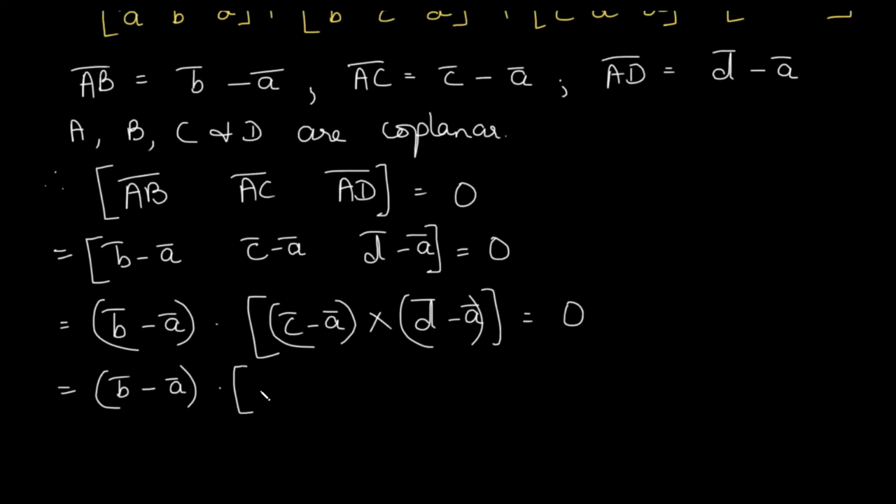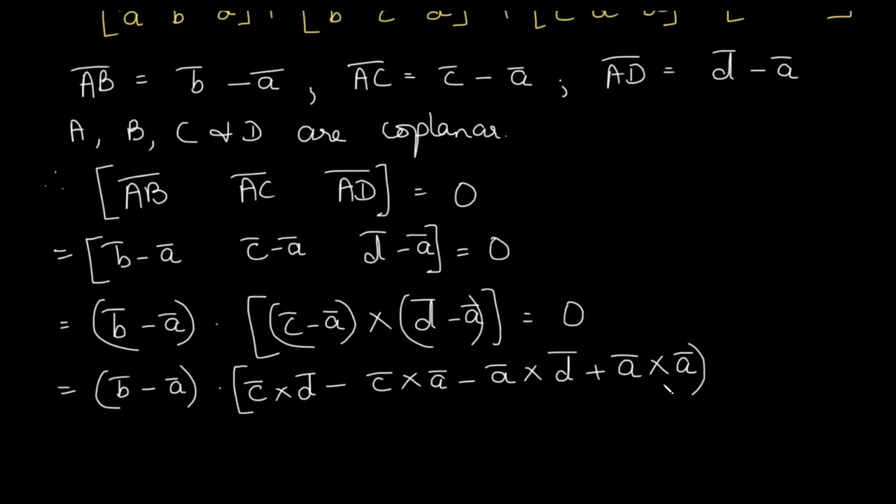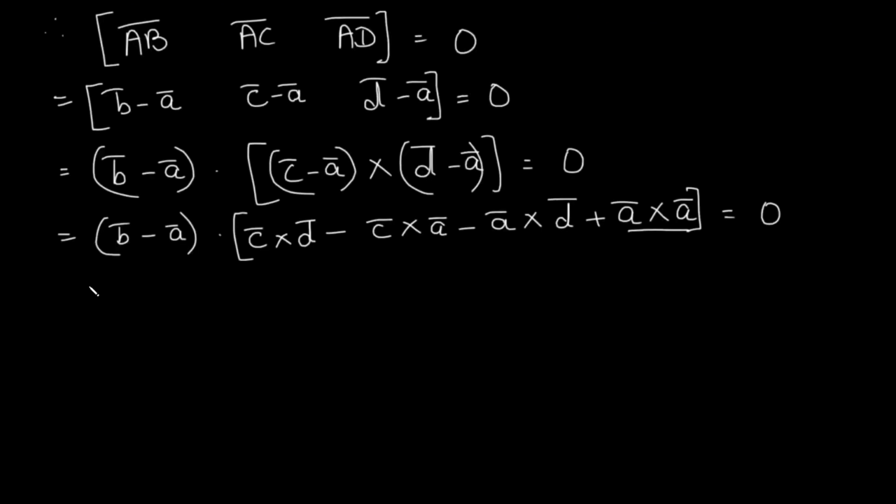Now opening the brackets and expanding, C cross D minus C cross A minus A cross D, minus into minus plus A cross A is equal to 0. Then in the next step, we have A cross A is 0 because we know the property. So I don't have to tell you that A cross A is 0. So we have over here B minus A dot the remaining part.